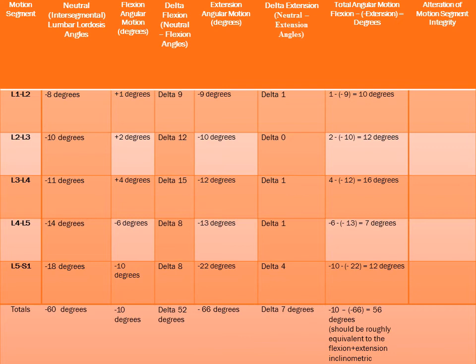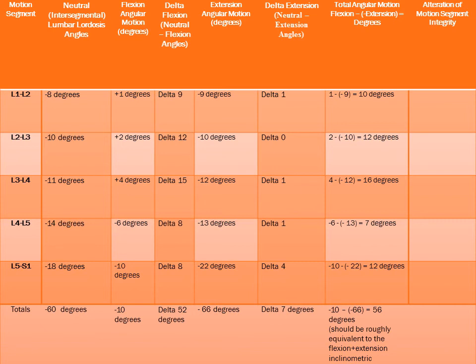Lordosis angles are indicated by a minus sign. Flexion angles are indicated by a plus sign. So I've performed those calculations all the way from L1 to S1, and we see that at L1, L2 the total angular motion is 10 degrees.